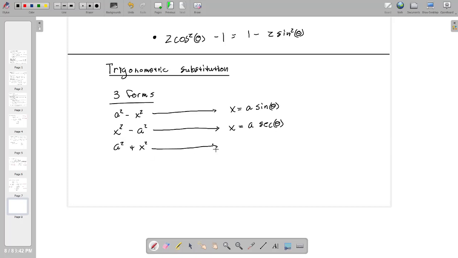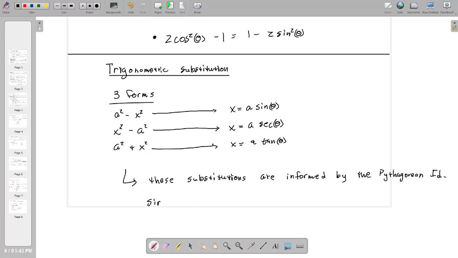In the third form, x is equal to a tangent theta. Now, you might notice that this will give us something related to the Pythagorean identities. If you did notice that, great, because that is exactly what we're doing. These substitutions are informed by the Pythagorean identities, specifically sine squared theta plus cosine squared theta is equal to 1, and 1 plus tangent squared theta is equal to secant squared theta.